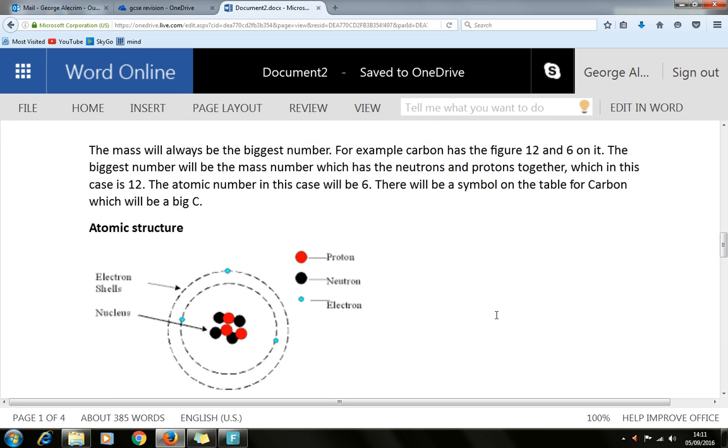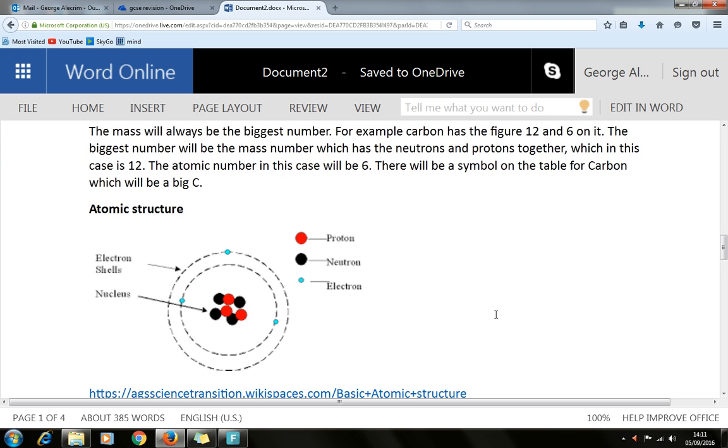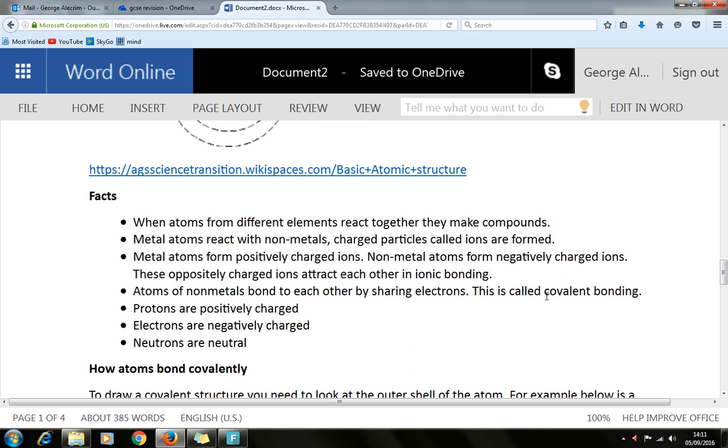So this is what an atomic structure looks like, and you will need to be able to draw this. Really simple and straightforward here. And here are some facts that can be seen here. When atoms from different elements react together, they make compounds. When metal atoms react with non-metals, charged particles called ions are formed.